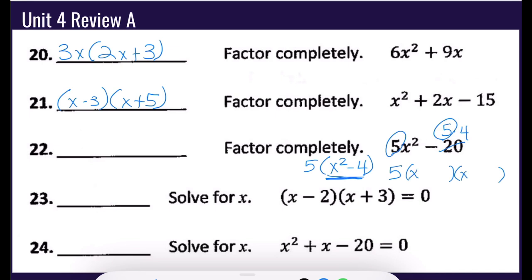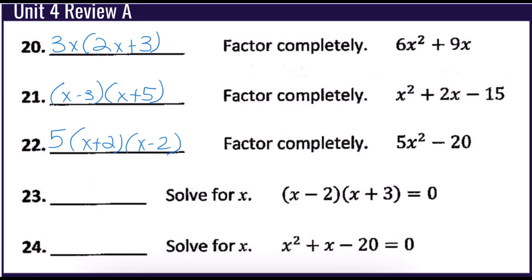The square root of 4 is 2. So we're going to have a plus 2 and a minus 2. Remember, that's our shortcut, the difference of perfect squares. So ask me about it if it's confusing, but our final answer becomes 5 times the quantity of x plus 2 times the quantity of x minus 2.